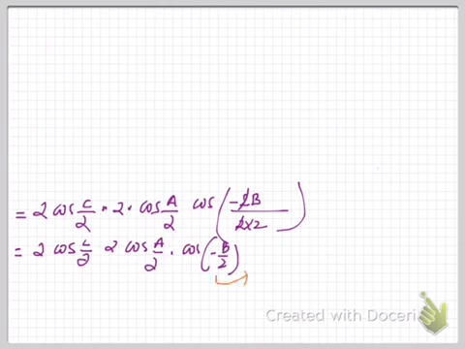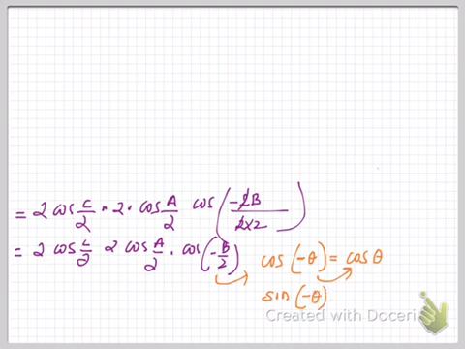One thing that you should remember is if I have cos of minus theta, then I can simply write cos theta. If I have a negative sign, then it turns into a positive sign for cos, but for sine, if I have sine of minus theta, then this becomes minus sine theta. These steps you should remember while solving this type of question.